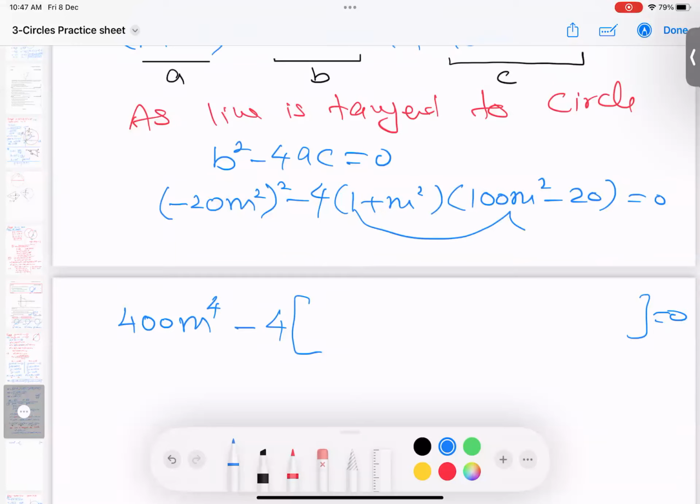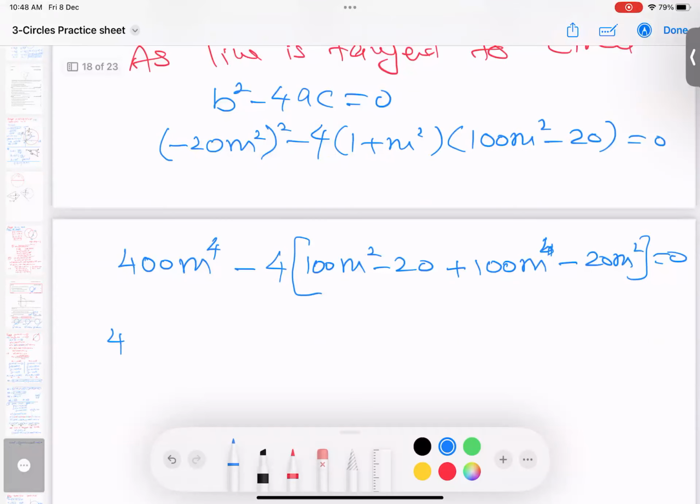So 1 multiplied with both, I get 100, I get 100 m squared and minus 20. And now I'm going to multiply m squared with both. So I'm getting what here? Plus 10 m to power 4. Okay. And then this multiplied with this, I get negative 20 m squared.